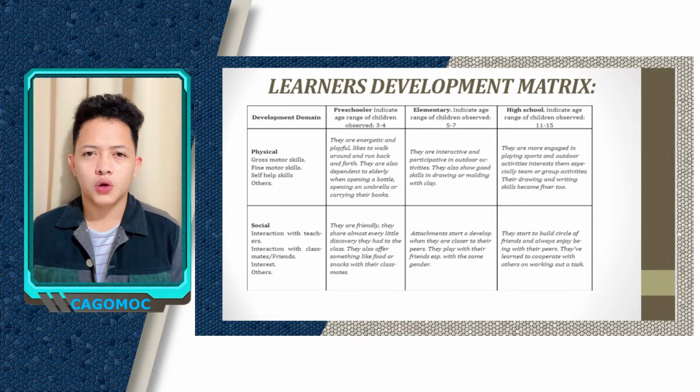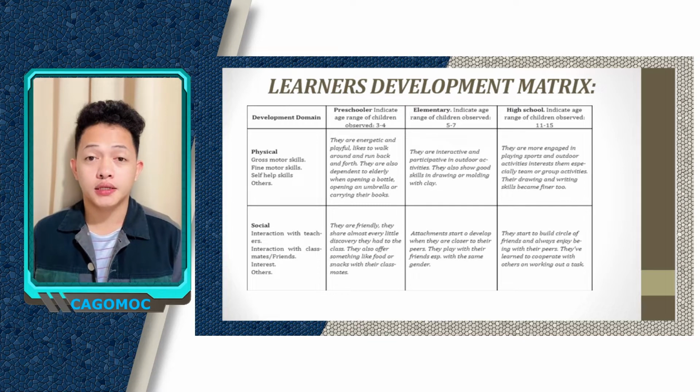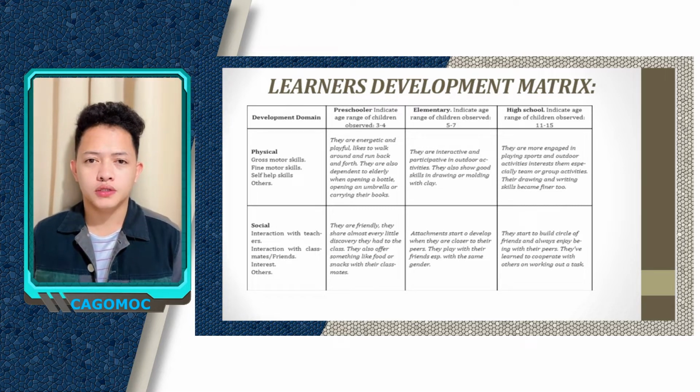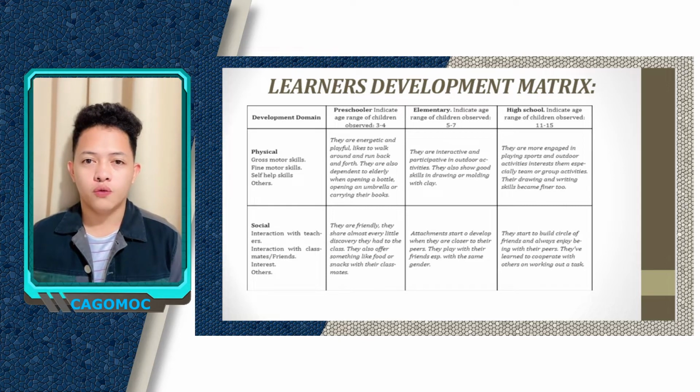For elementary, attachments start to develop as they get closer to their peers. They play with their friends, especially of the same gender. For high school, they start to build a circle of friends and always enjoy being with their peers. They have learned to cooperate with others on working out a task.